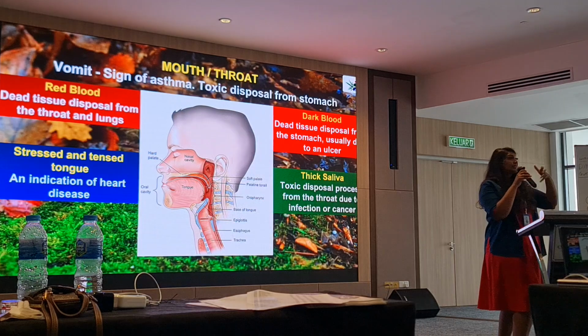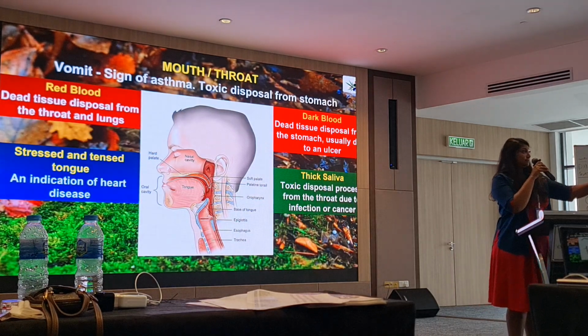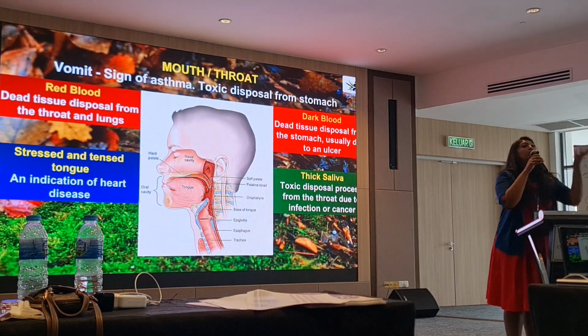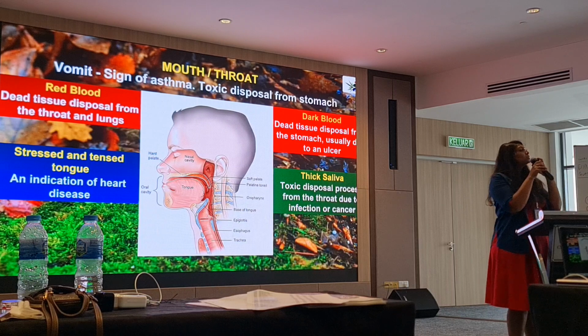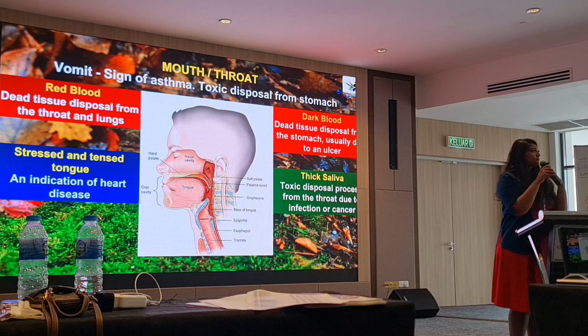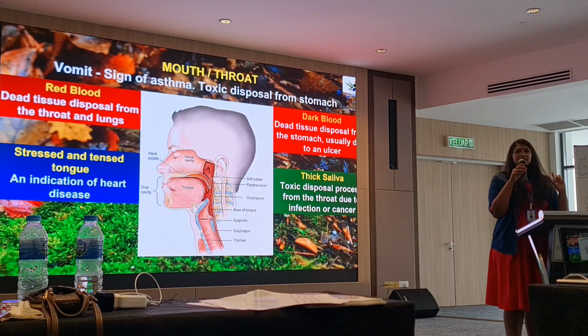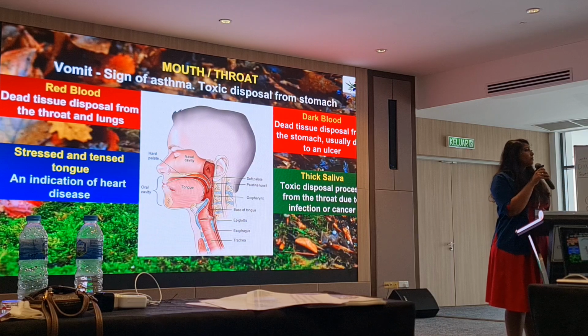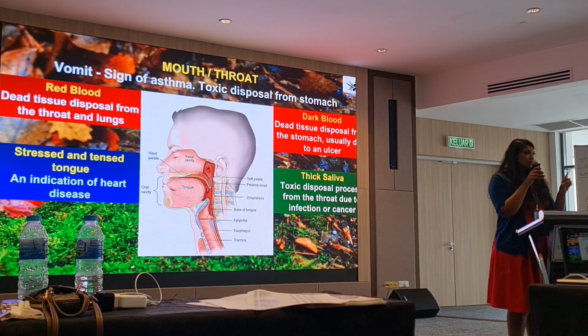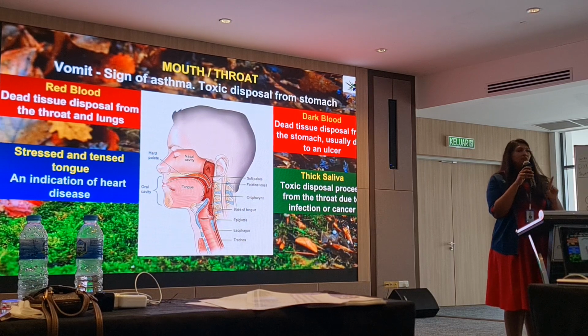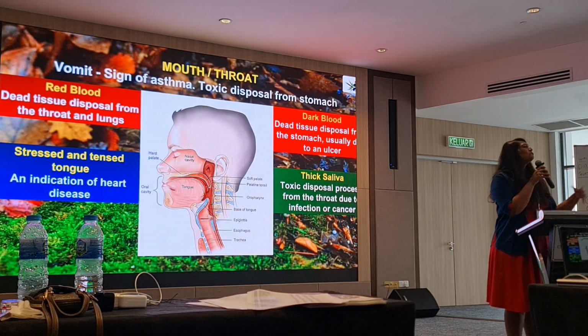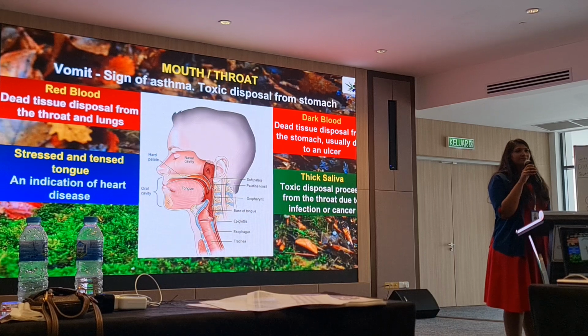It's very thick saliva, that means it traps the toxin and it's removing the toxin through our salivary glands. Okay? Salivary amylase enzyme is very important for our digestion. It's actually the first step of digestion. So it will also play a big role in removing the toxins because it's part of the digestion. Okay?